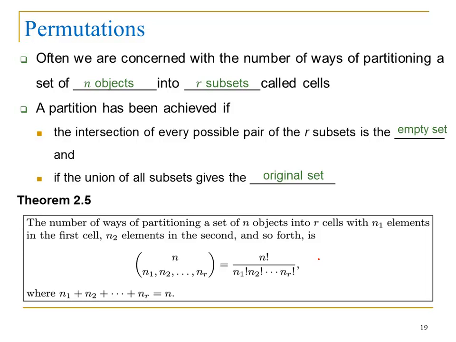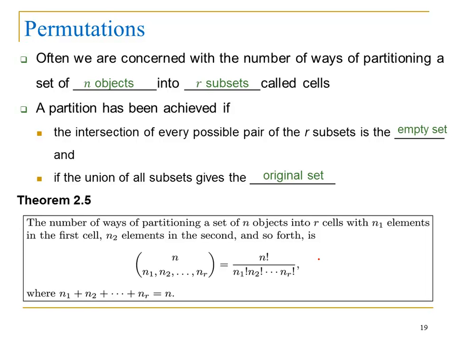So remember the concept of intersection and union. Intersection is empty, which means there's no overlapping between these groups, these subsets. And the union, basically, if you put them all together, you have the total number of units.